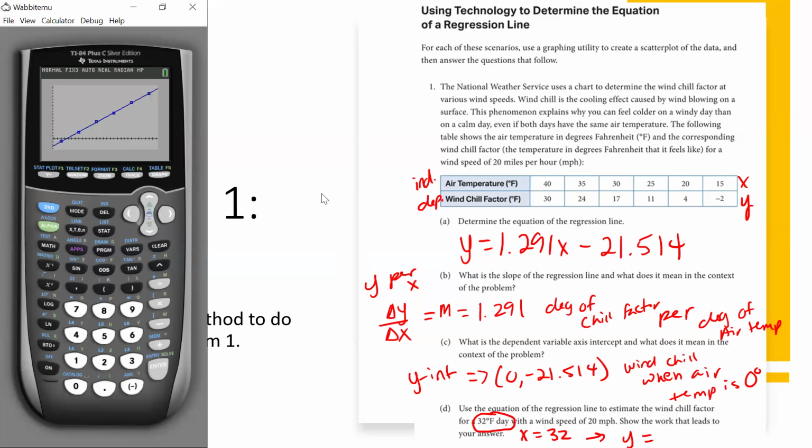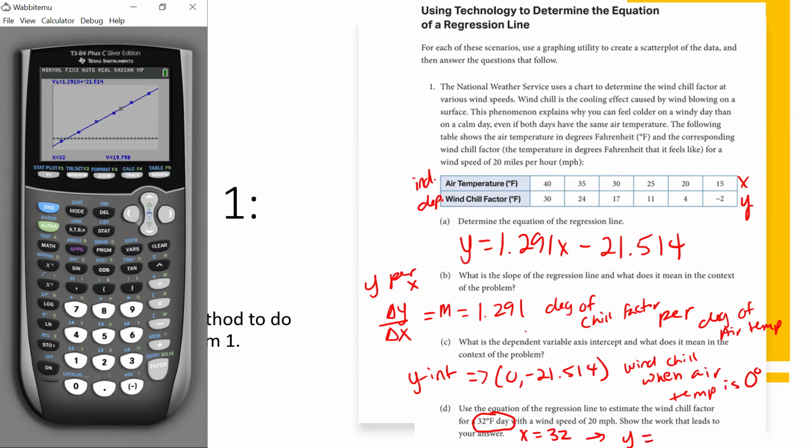If I'm looking for a value from the graph, we're going to press second trace. And I just type in value. I press value. And what value do we want? 32. Hit enter. And what does it tell me? The value at 32.